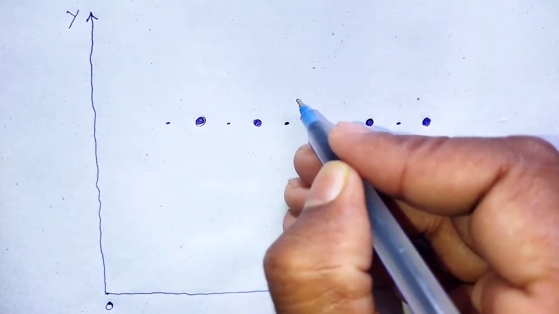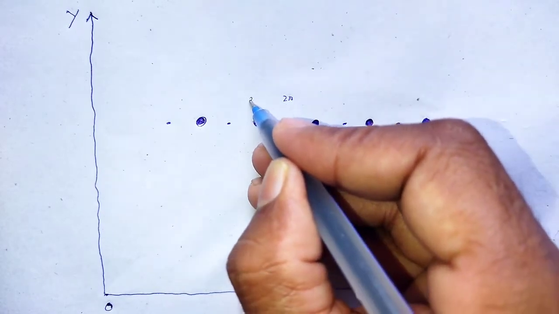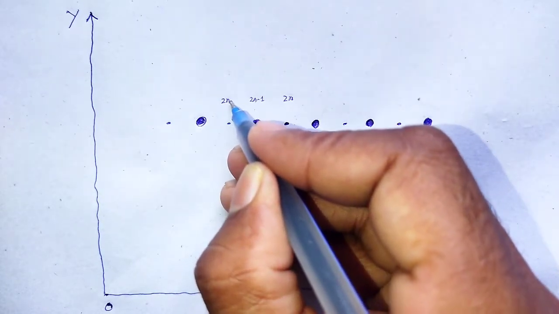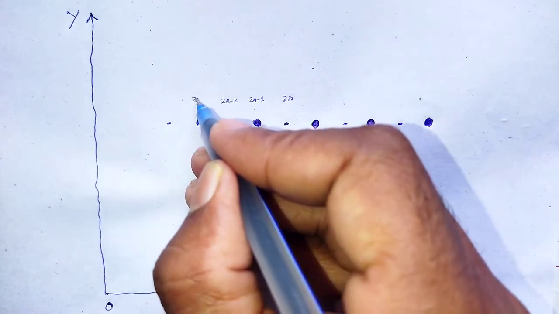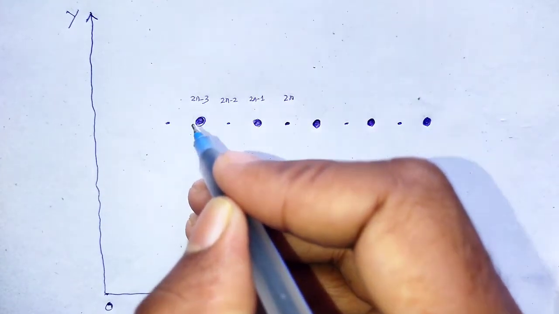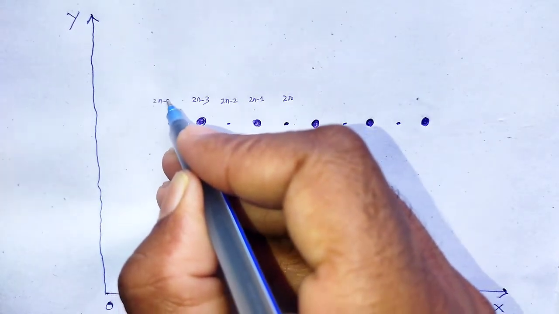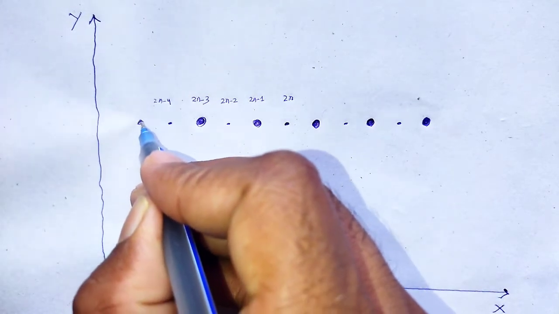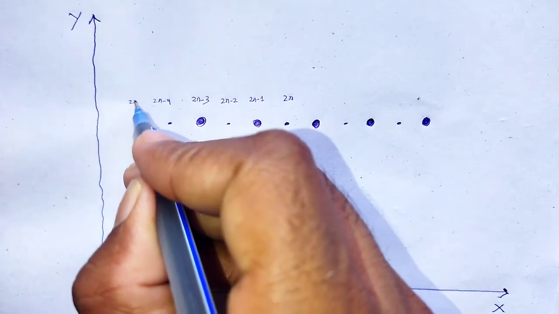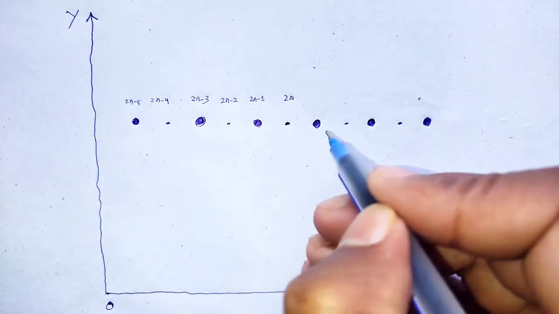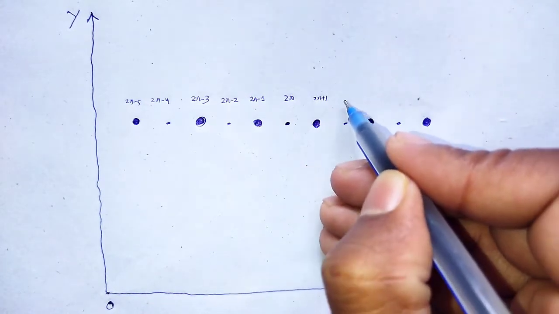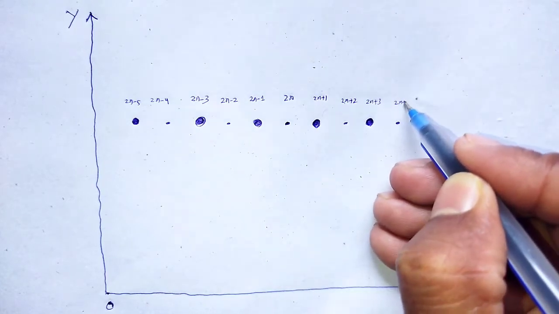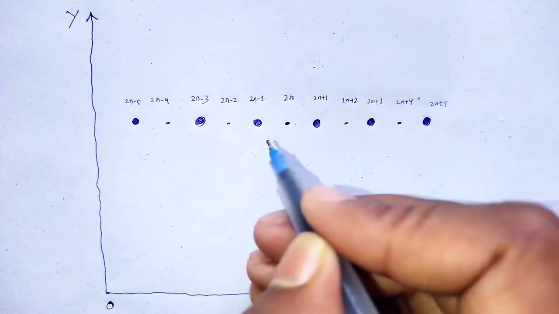At the 2nth position, this is the 2n minus 1th position, that atom at the 2n minus 2 position, this atom at the 2n minus 3 position, this atom at the 2n minus 4 position, like this. 2n minus 5th position, 2n plus 1, 2n plus 2, 2n plus 3, 2n plus 4, 2n plus 5.